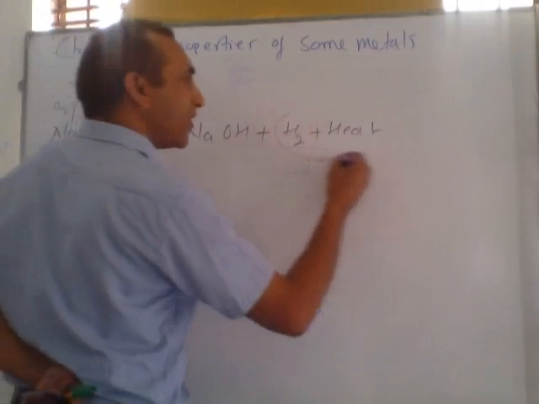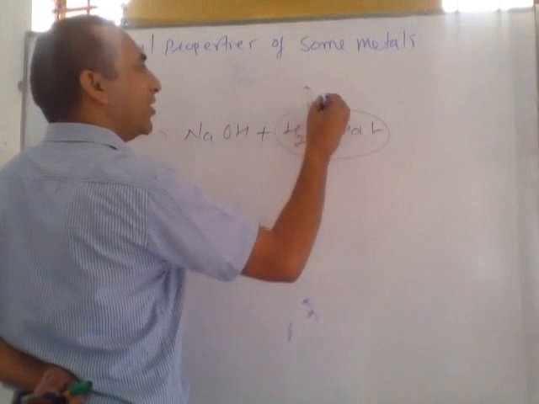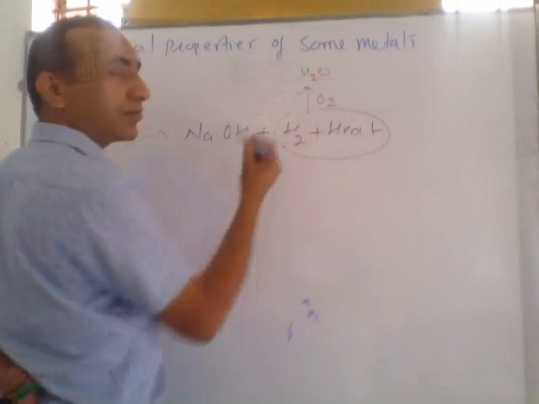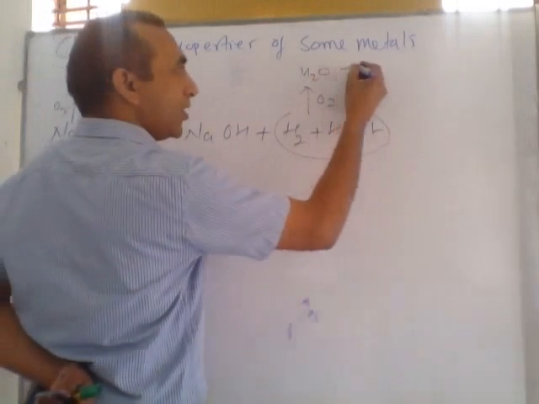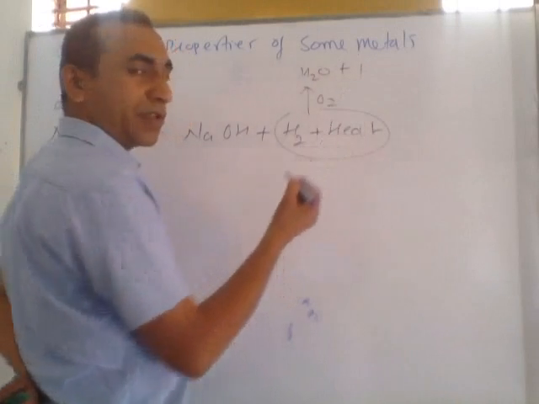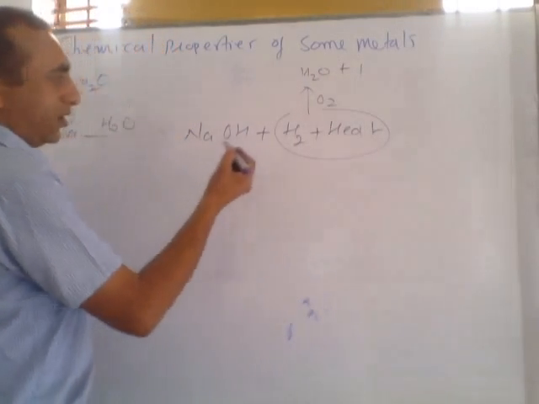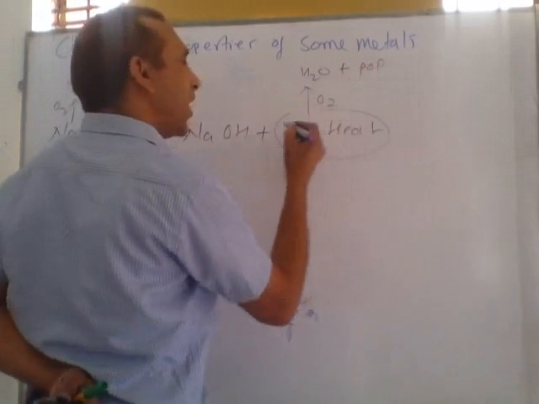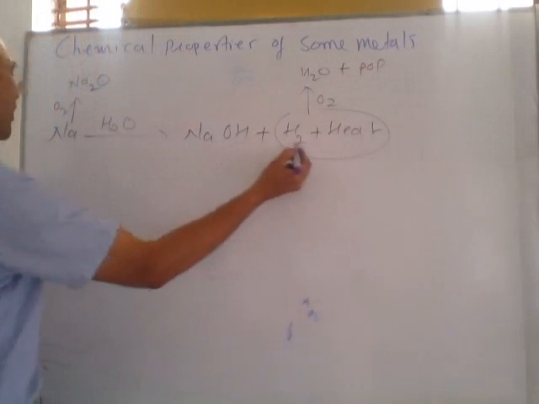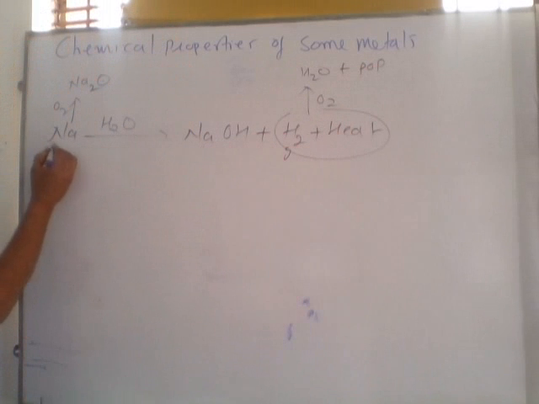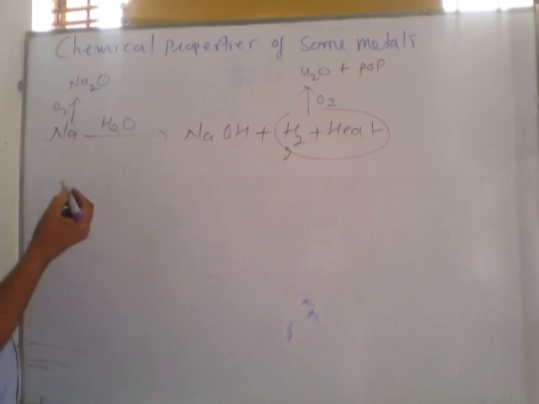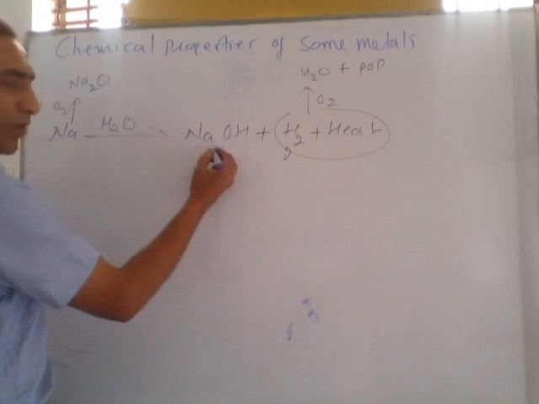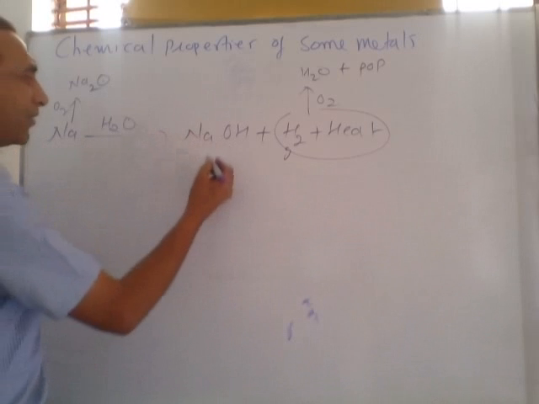Hydrogen easily catches fire in presence of oxygen and forms water with a pop sound. Generally in exams they ask which gas burns with a pop sound. This gas is hydrogen gas. It is liberated during the reaction of sodium with water. So we keep sodium in kerosene. This NaOH is a base, alkaline.